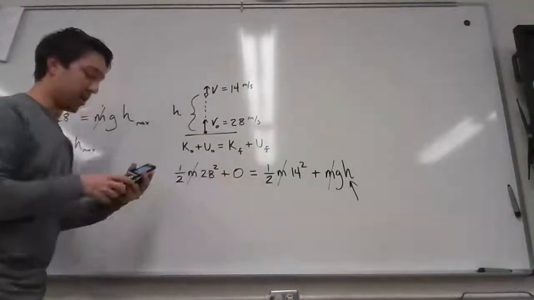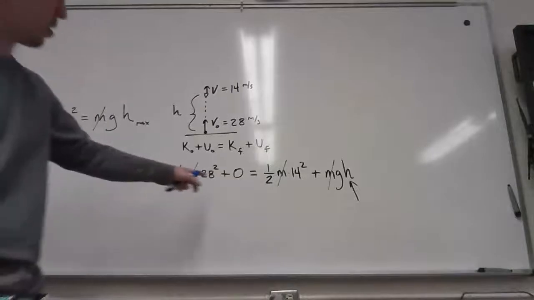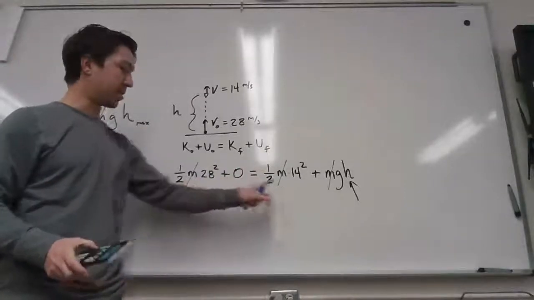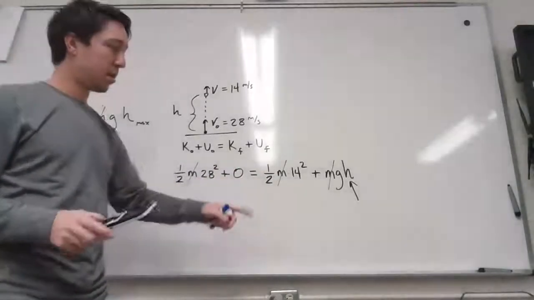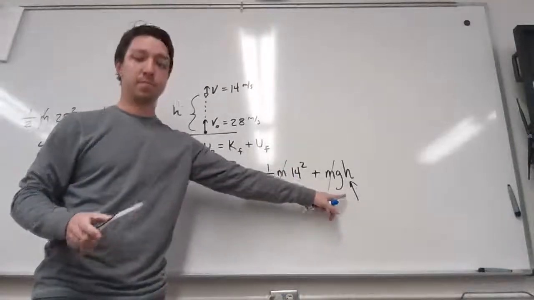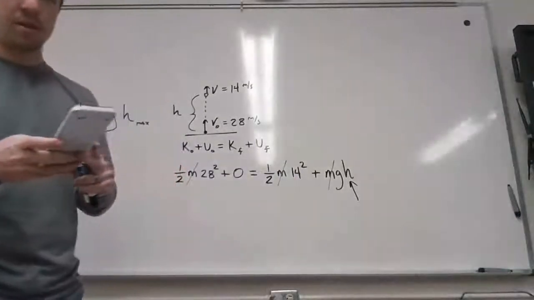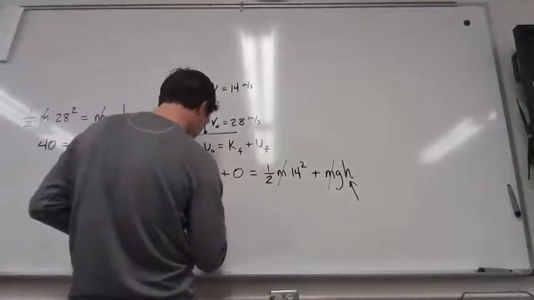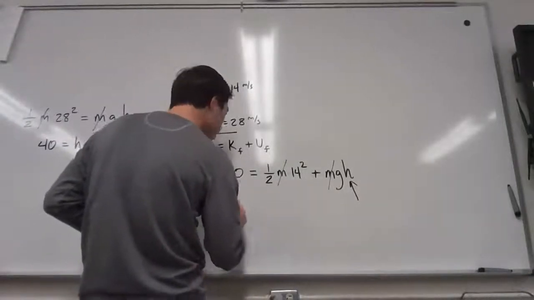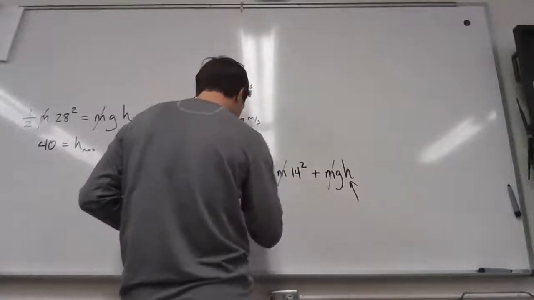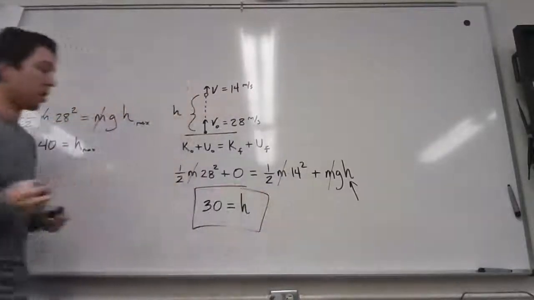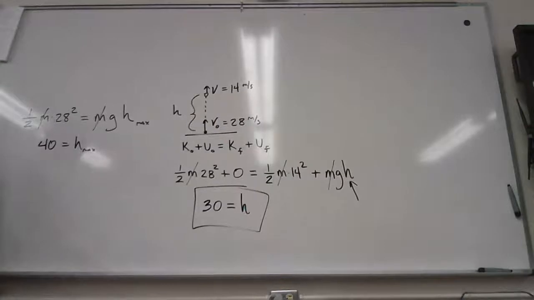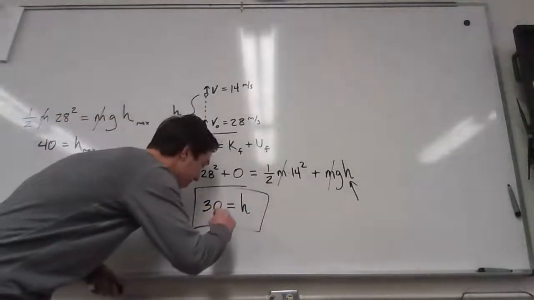This number here would be 294. That makes sense? This minus this would be 294. And then you have to divide by g. Divide by 9.8. And it turns out to be 30. Okay, so 30 meters. So well done, Winslow, you got it.